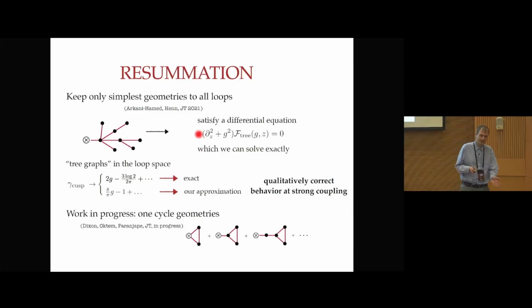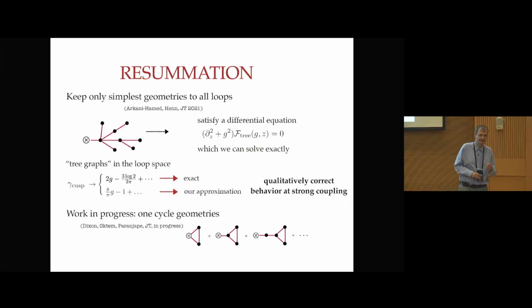So we resummed all the contributions, to all loops, corresponding to these simplest negative geometries. And it turns out in the end we have to solve a differential equation that we found. You can solve it, and then you can look at a quantity called gamma cusp, which is something we're very interested in for this object.